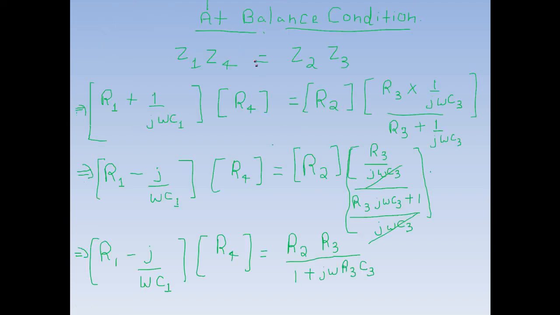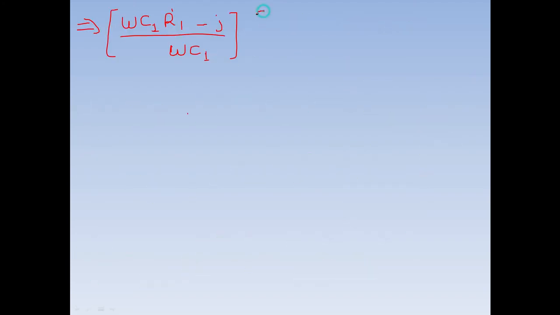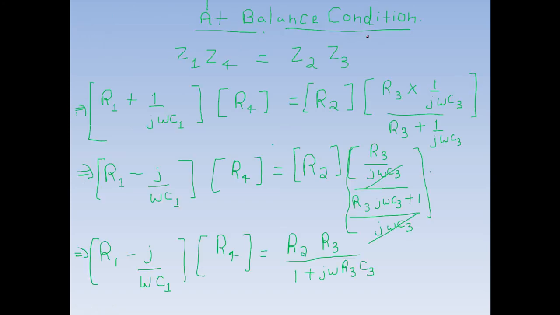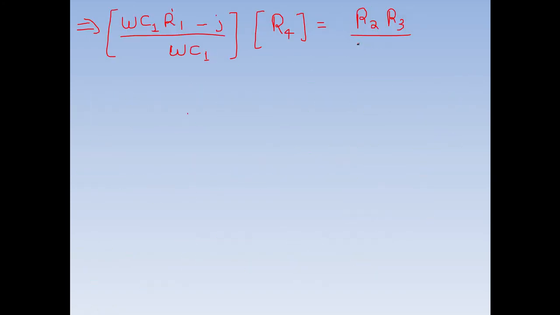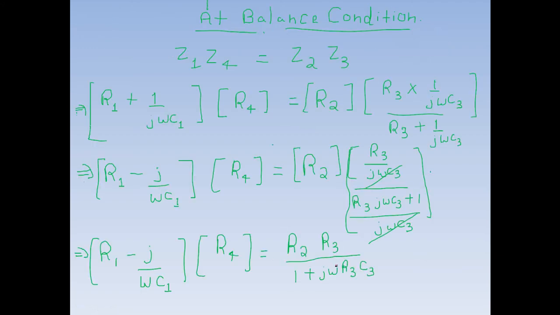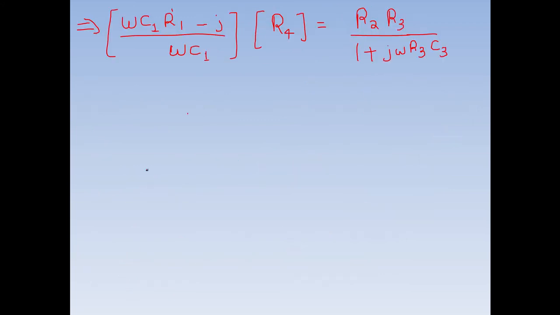Okay, now this gets multiplied by R4, and then R2 R3 upon 1 plus j omega R3 C3. The 1 plus j omega R3 C3 gets multiplied in the numerator, then we get this equation.